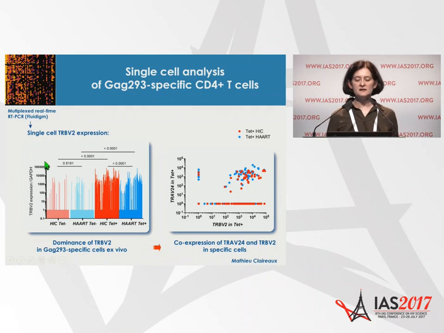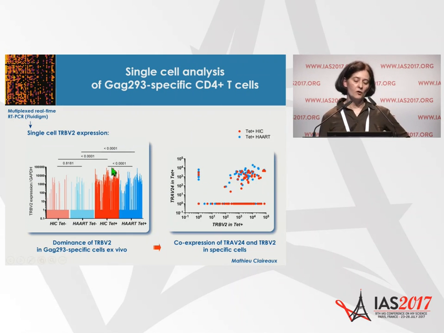And you can see here the results for about 600 single cells, and we looked at TRBV2 expression, and it's quite visible that TRBV2 is more prevalent in the tetramer-positive cells than in the tetramer-negative cells.